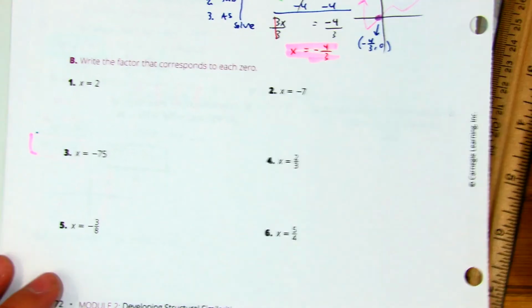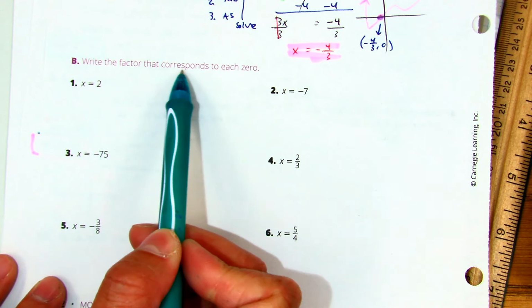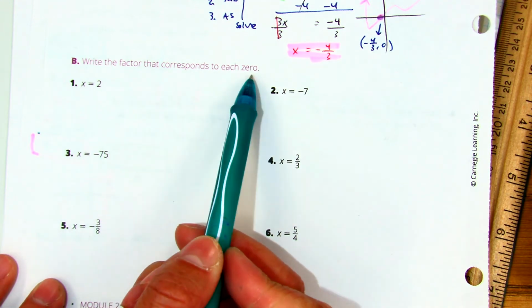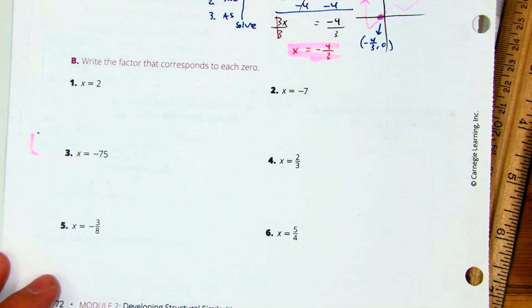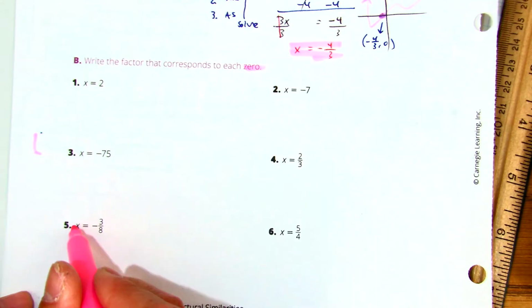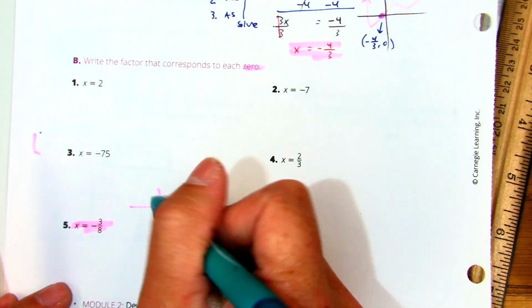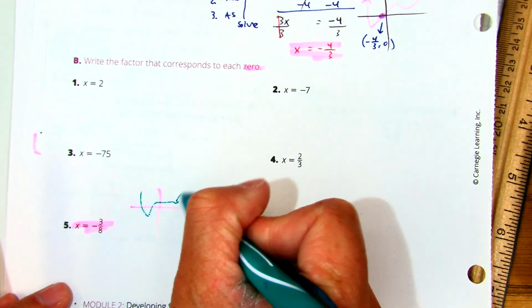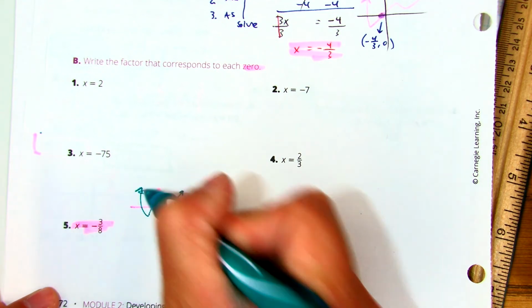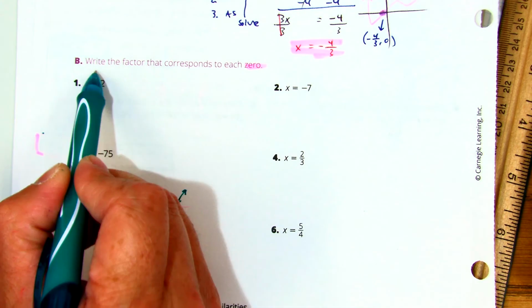Alright, it tells us to write the factor that corresponds to each of these. They are called zeros. We just saw that in the previous problem, right? This is already a 0. It's already crossing in a graph at negative 3/8. Okay? They want us to write the factor.